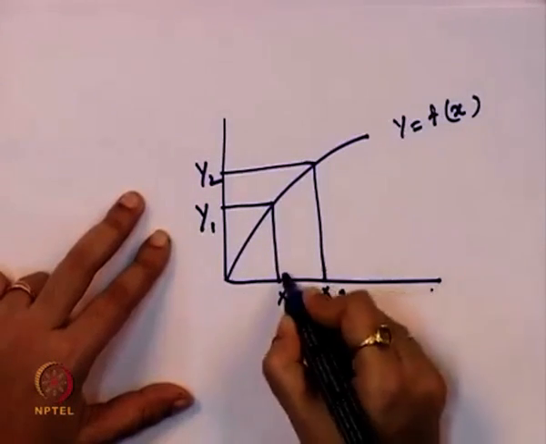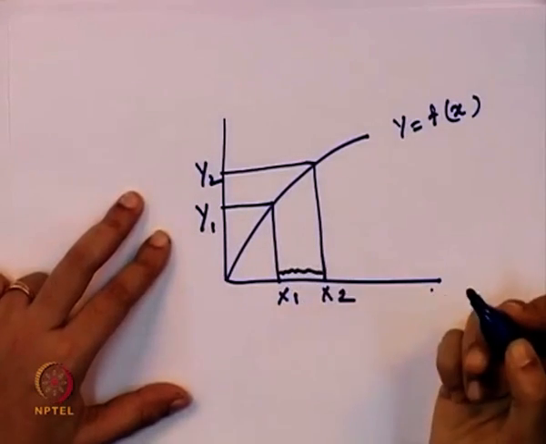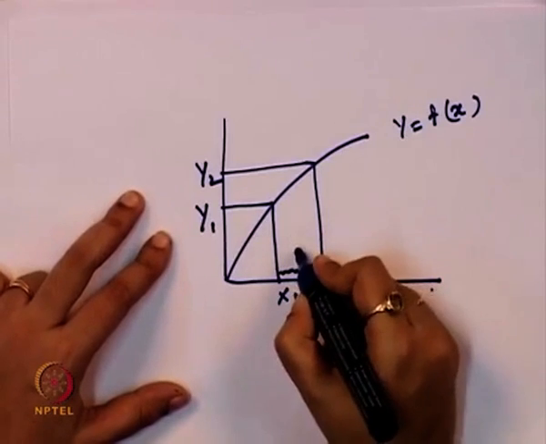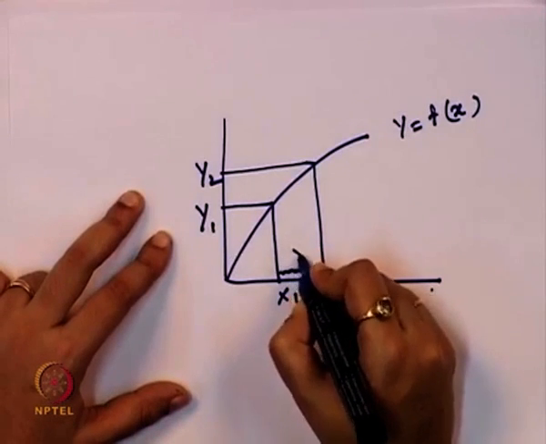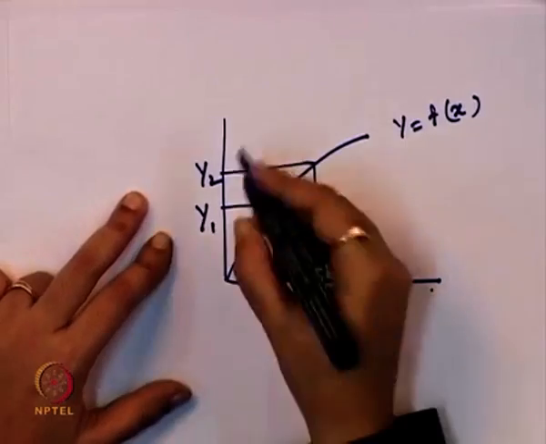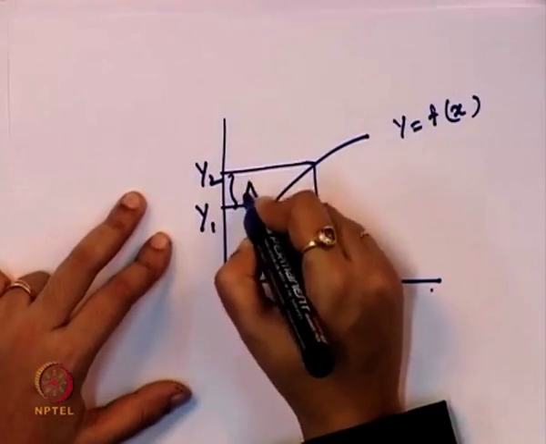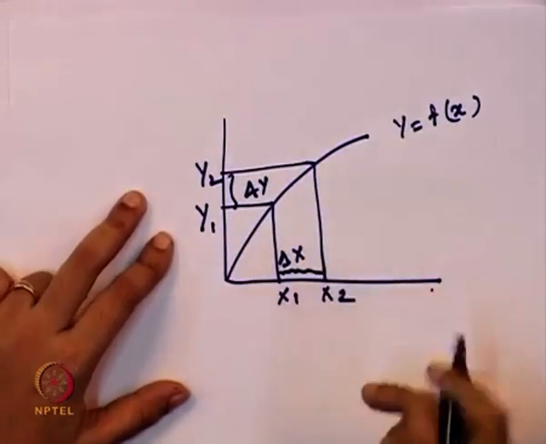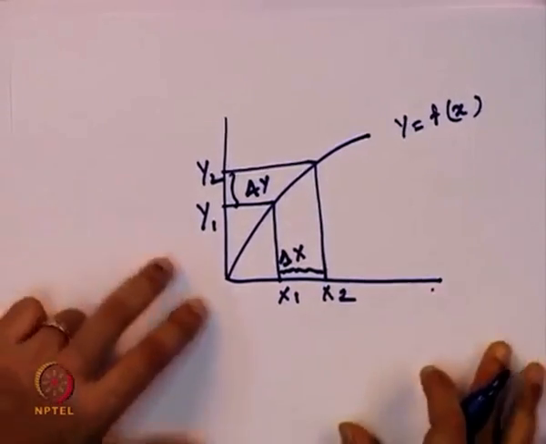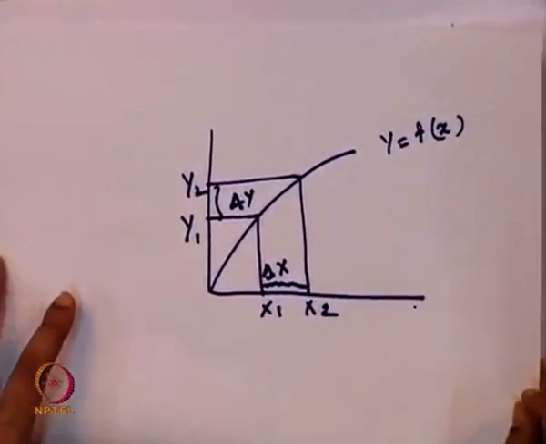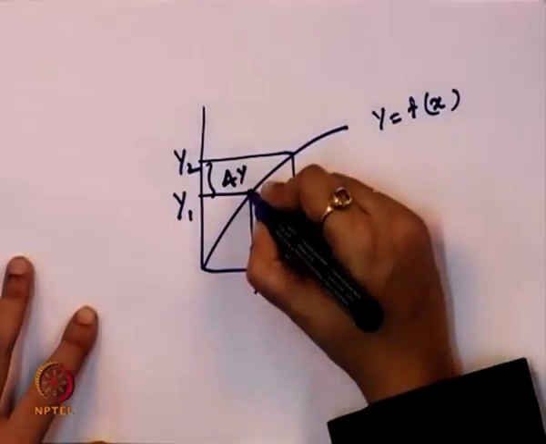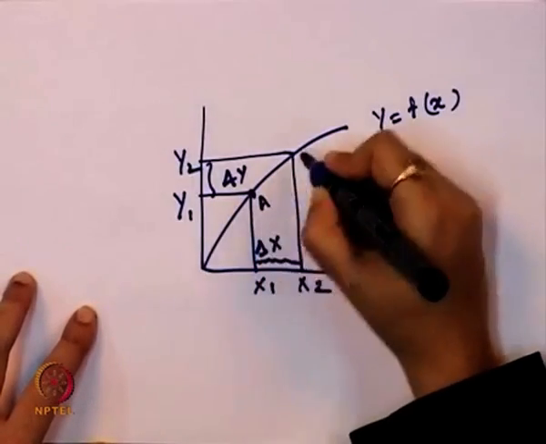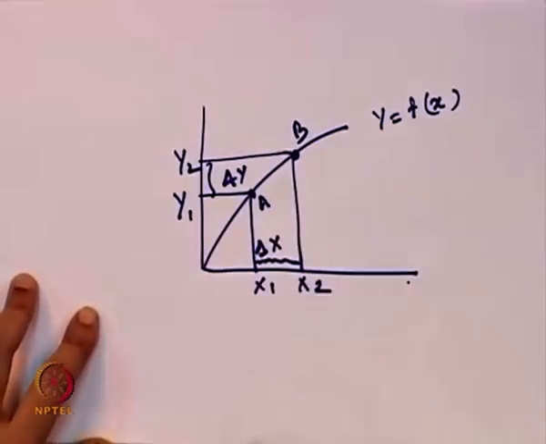Now, what is the change in x, that is, the change in x from x1 to x2, and this is the change in y from y1 to y2. So, this is point A and this is point B.